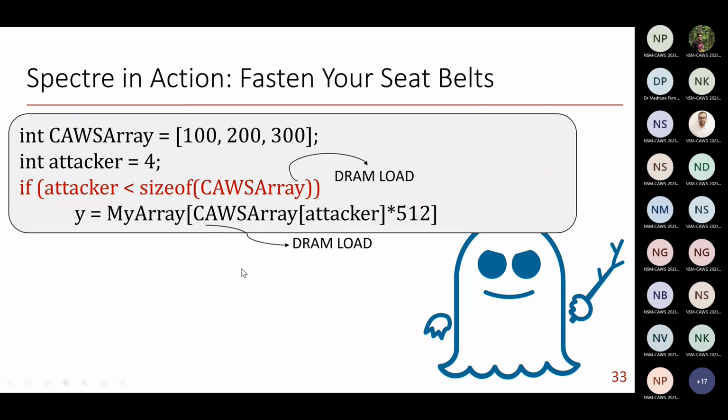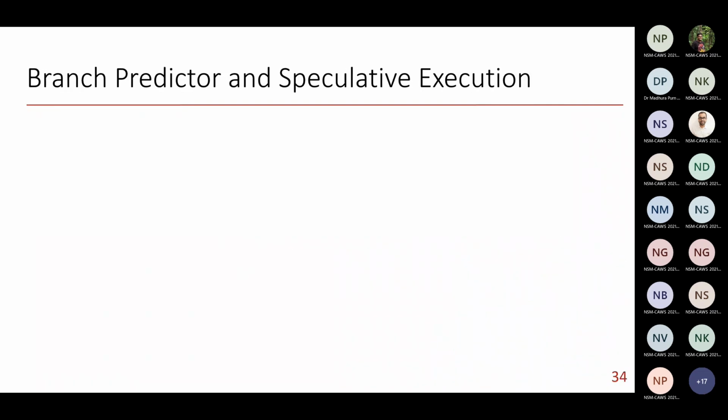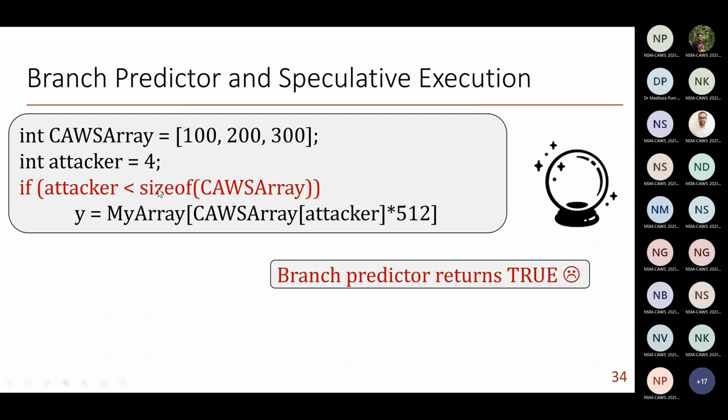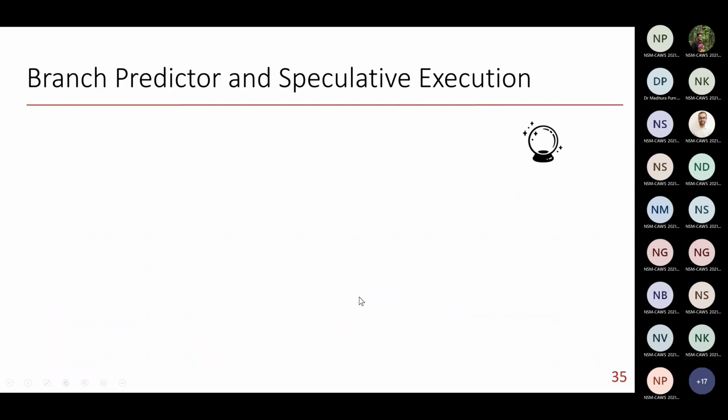Okay. Now let's see why branch predictor and speculative execution are kind of helping the attacker. So we are actually stuck with this particular if statement, and we say that the statement should be false, but to our surprise, the branch predictor actually returned true. Now the question is why? It's pretty obvious and intuitive.